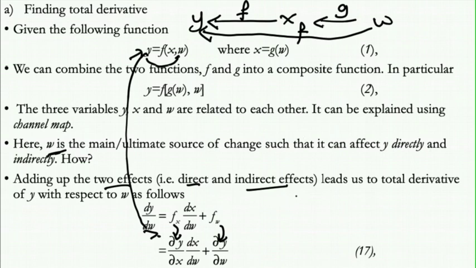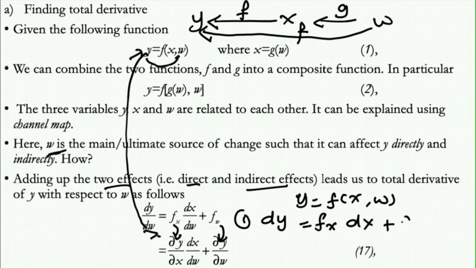All right, now let me rewrite again the function y as a function of x and w. What you need to do in the first step is to find the total differentiation that you have learned in the previous section. So totally differentiate expression 1, so you get dy. Okay, dy is equivalent to fx dx plus fw dw, isn't it?